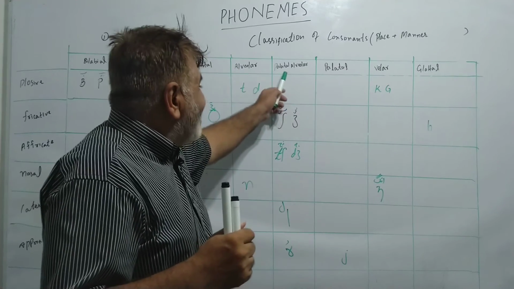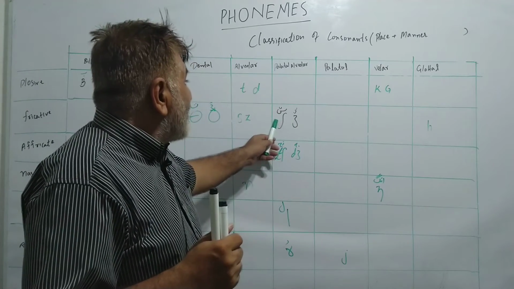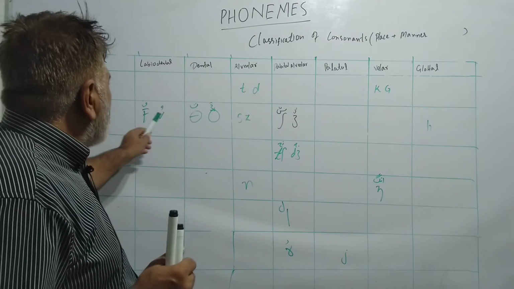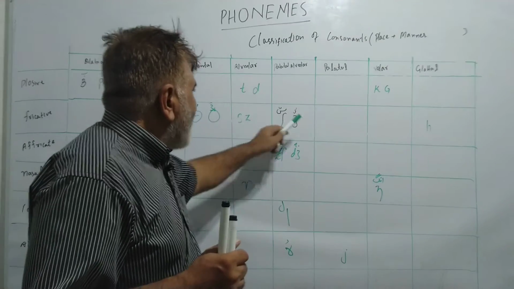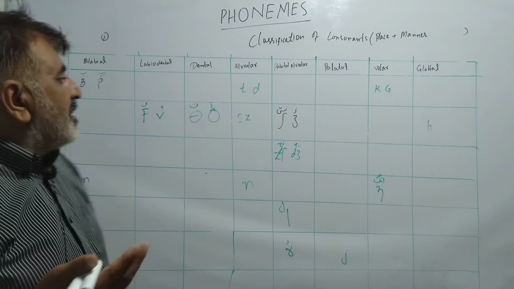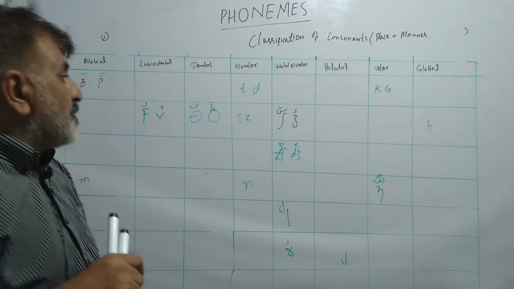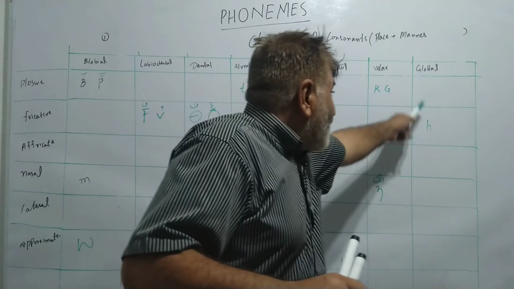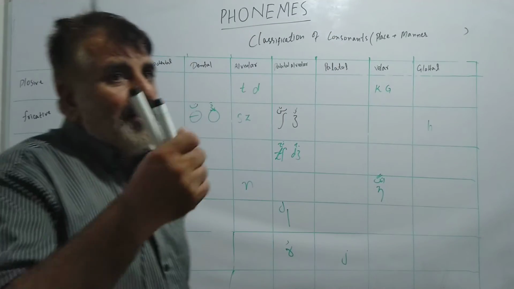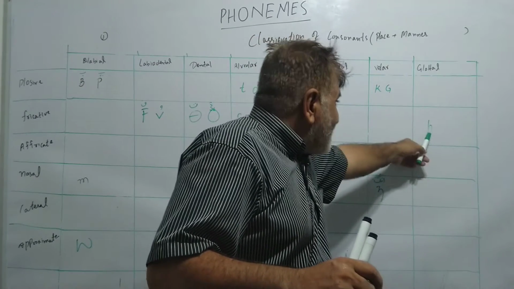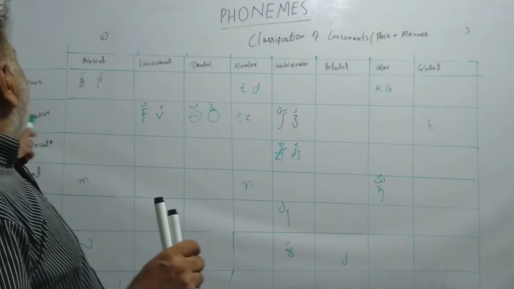Then palatal alveolar: the sha sound is here and the ja sound here. Manner is the same. 1, 2, 3, 4, 5, 6, 7, 8. 8 sounds up to now. They are fricative, rolling sounds. Then glottal: ha. The place is glottal and the manner is fricative.